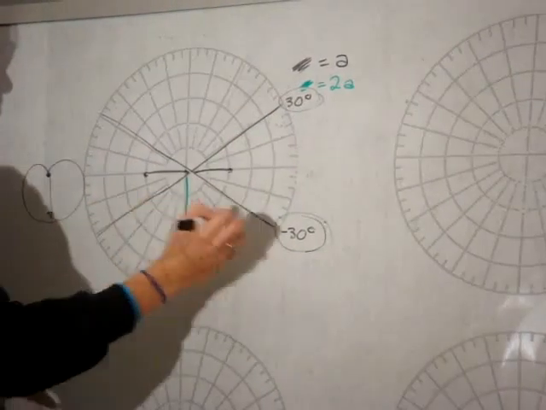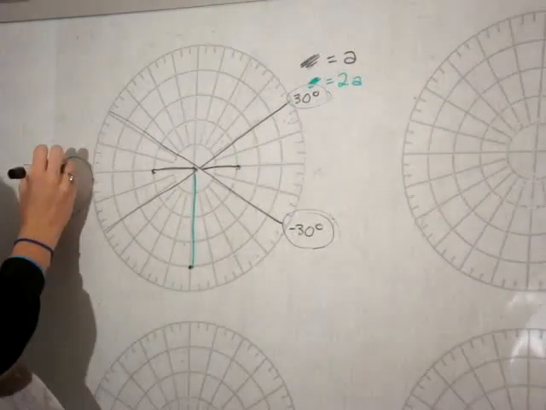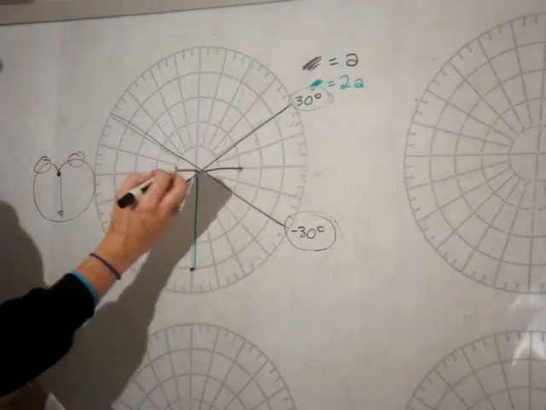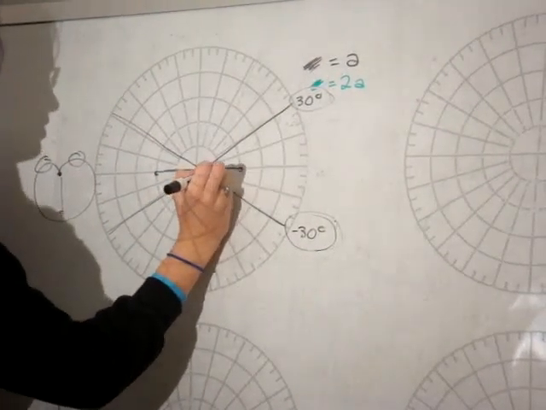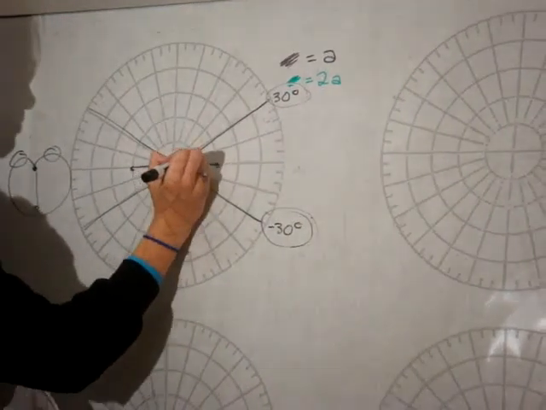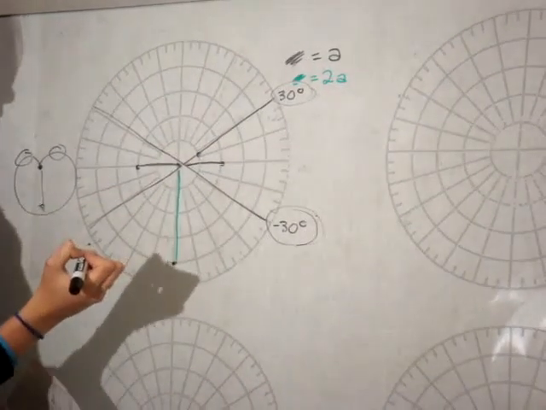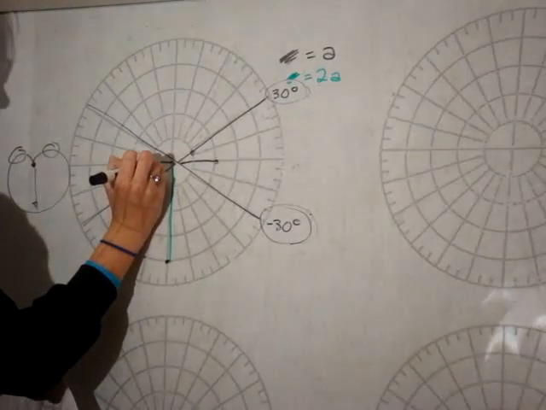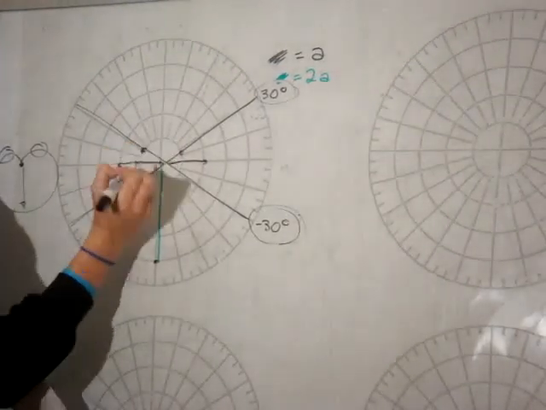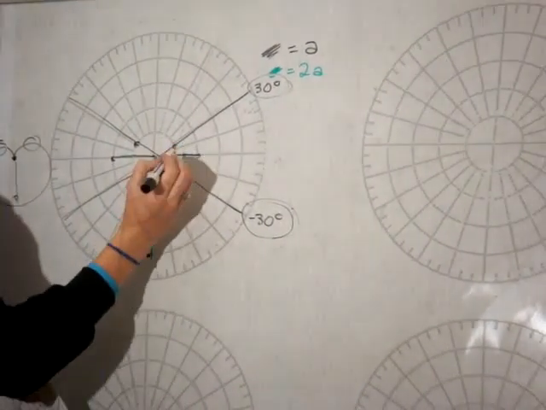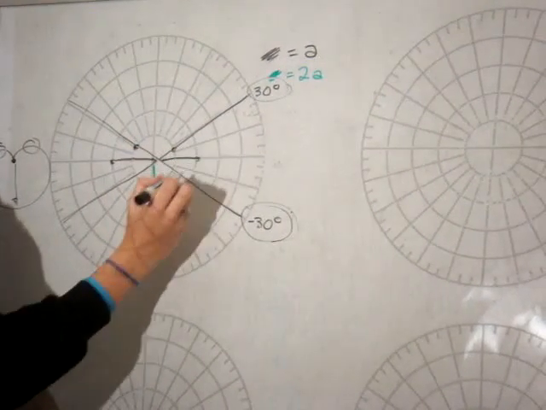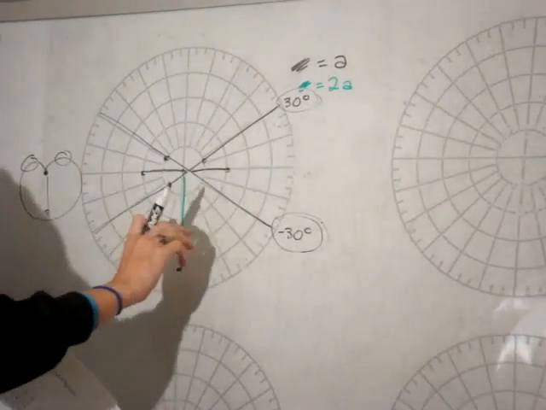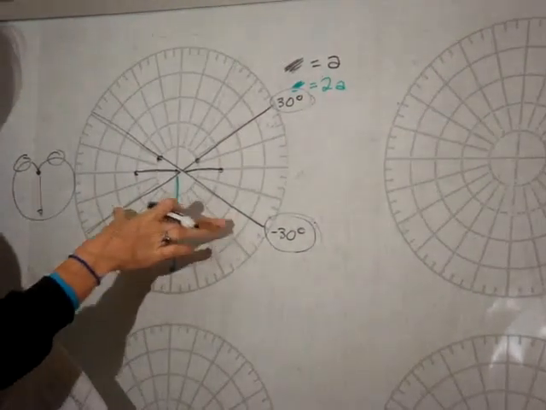And so we have these two lines, and we're trying to find out what these 2 points are now. So you go over half A, which in this case is 1, and you go up until you reach the 30 line. And then same with the other side. You go over half A and up until you reach the 30 line, or negative 30, depending on which side you're on. So now we have 1, 2, 3, 4, 5, 6 points. We need 2 more to get these sides, how wide it is.